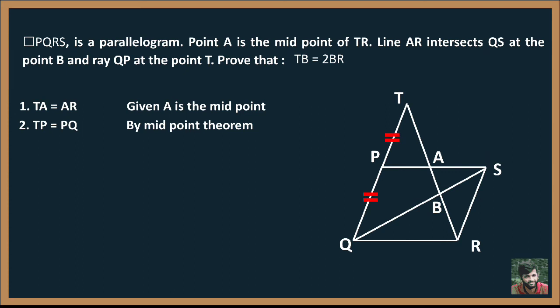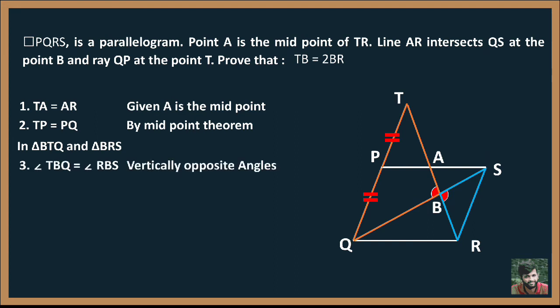Next, we are going to consider this triangle, which you can see in orange color, BTQ, and this triangle which is blue in color, BRS. In those triangles, these angles which are marked in red color are called vertically opposite angles. This part we have already studied probably in the 7th standard or even before that.